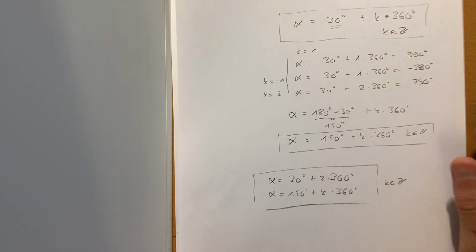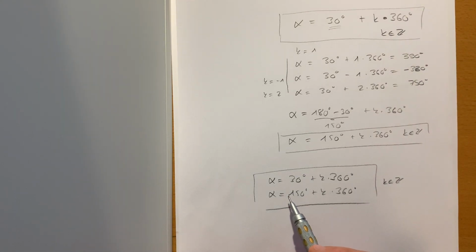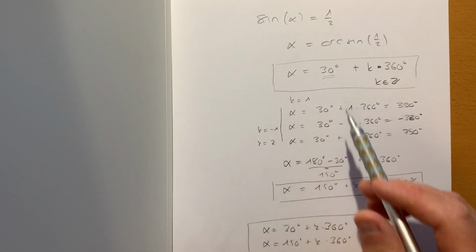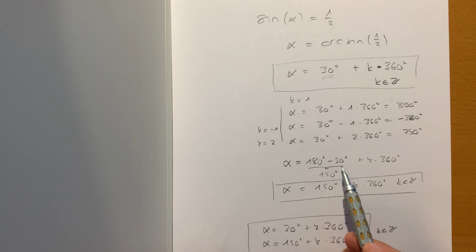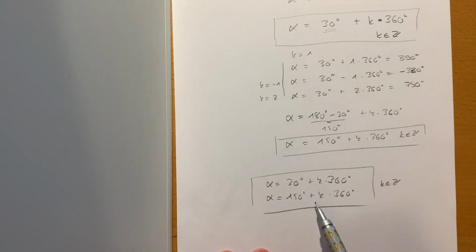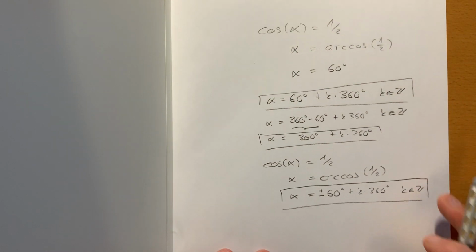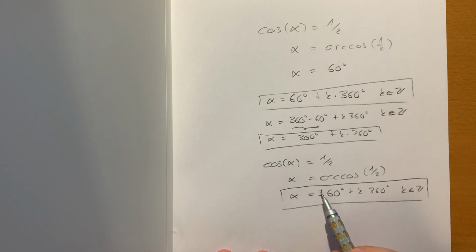In the sine exercise, you have to write 30 degrees and 180 minus 30, and you get your two basic solutions. But here, you can write it as one line, with the plus minus as your basic solutions. And then you add your 360 degrees.